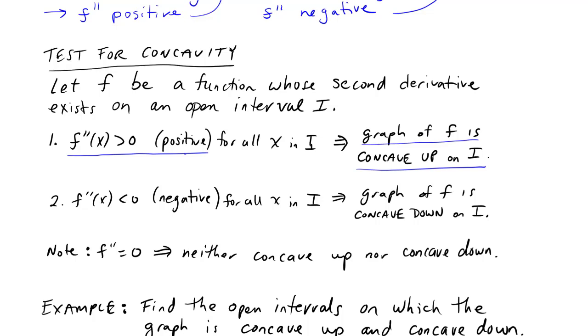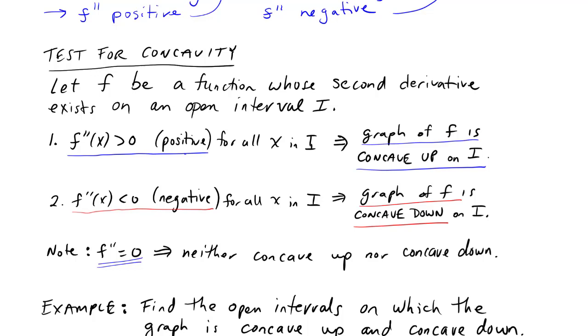If the second derivative of f is negative, the graph of f is concave down. We do have an issue that if the second derivative is 0, then it's neither concave up nor concave down. We'll have to see what that means when we look at some examples.